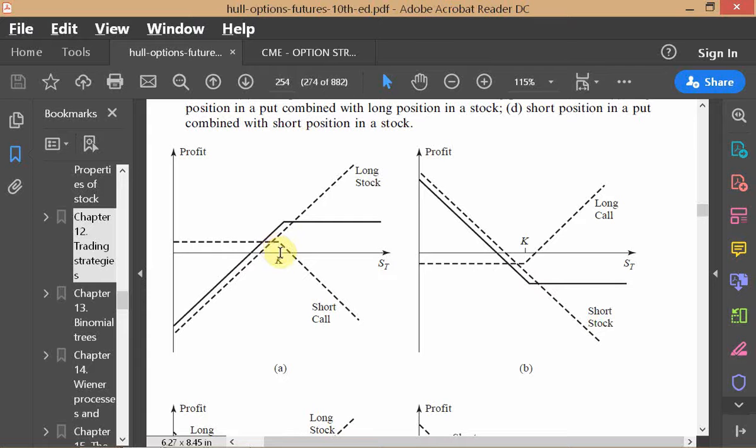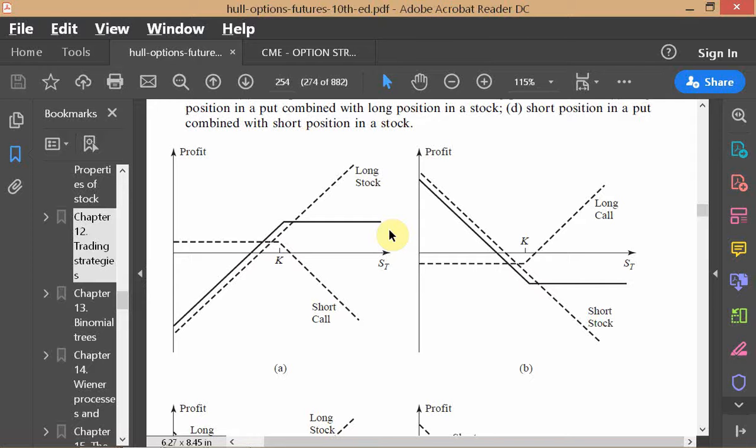If you just leave it at the long underlying, then, following this dotted line, as the market rises above the strike price, you will continuously make profits. But that's not what you want. You want to create a profile where above the strike price there is a flat, constant profit. Flat constant profit should be there, right?